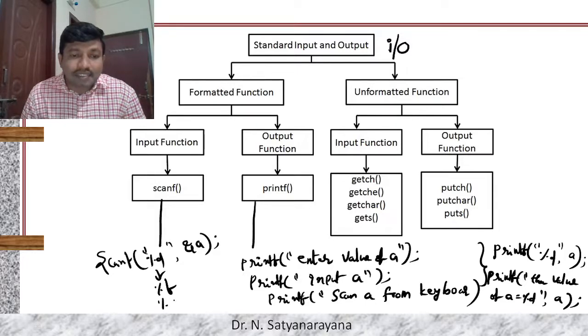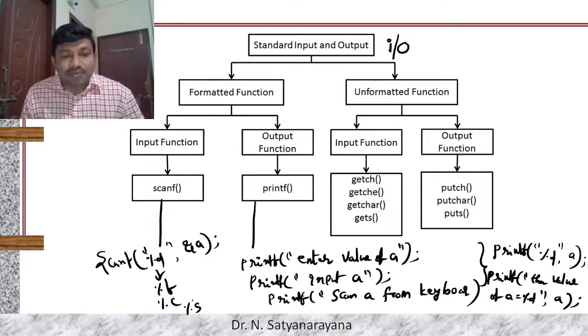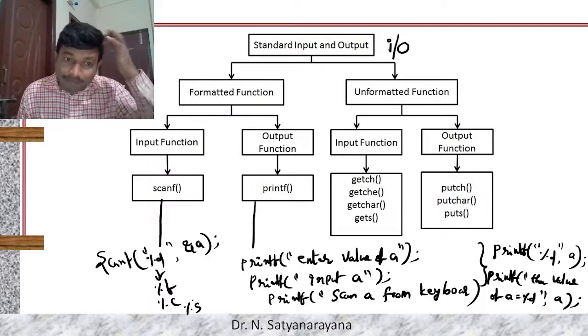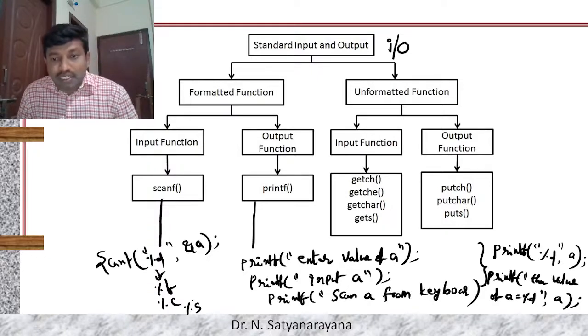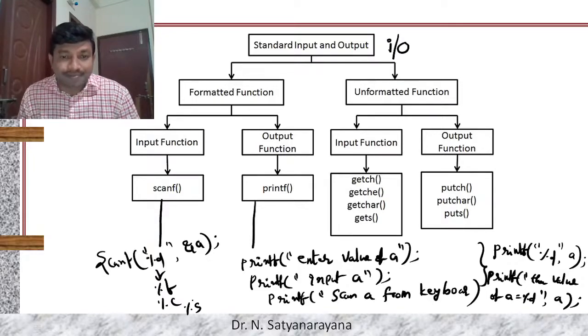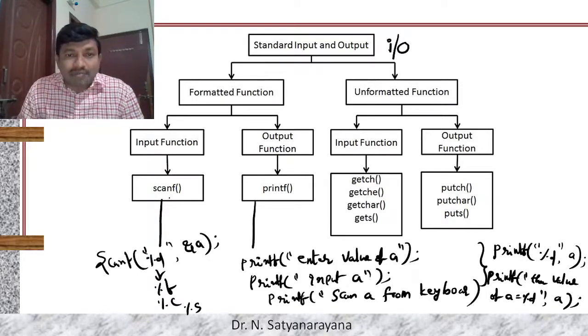If it is a character, say percent c. If it is a string, it is percent s. Whichever value you would like to take, scanf and printf both support. And one more thing: using printf you can print the results in a customized way. So the user has control over submitting the input and also getting the output using these functionalities. These are called formatted.